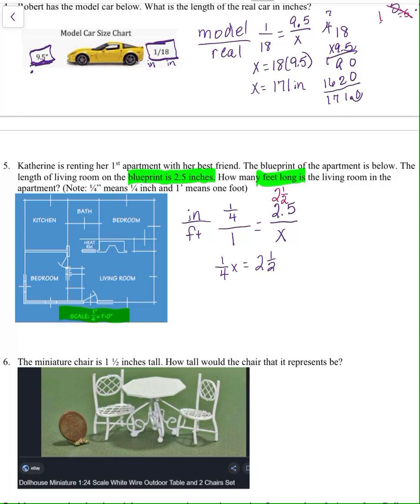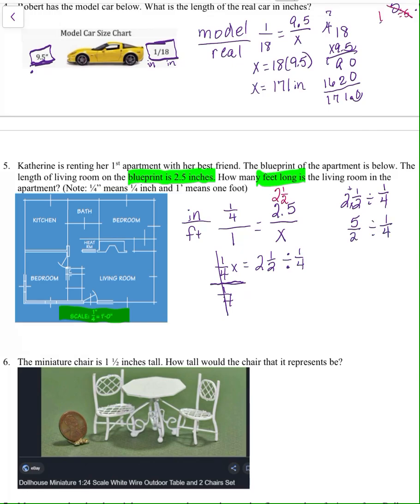Okay, so what's the opposite of multiplying by 1/4? The opposite is to divide by 1/4. Now over here, I'm not going to write divide that way because I know if I'm dividing fractions, it needs to look like that. So I'm going to bring it up here so it's out of the way of the work that I'm doing over there. I'm going to do Texas. I'm going to make it improper, so that'll be 5/2 divided by 1/4.